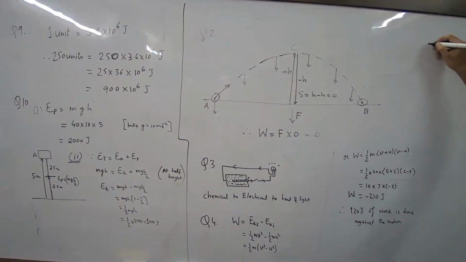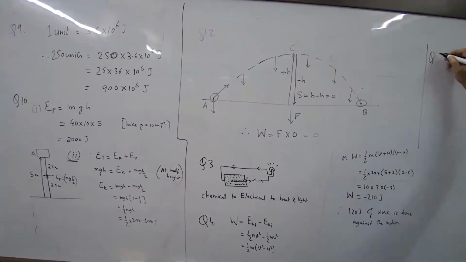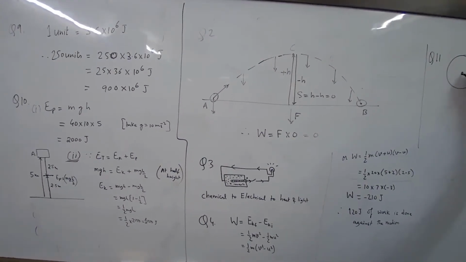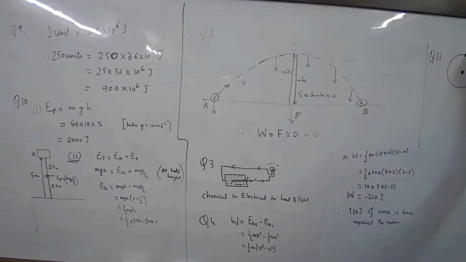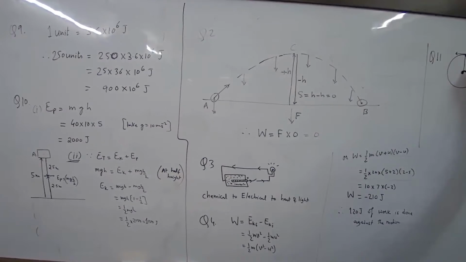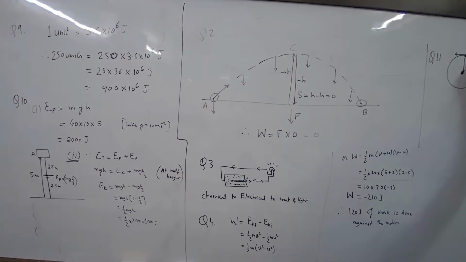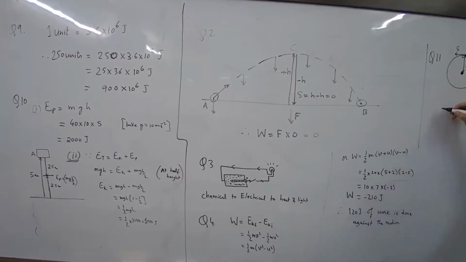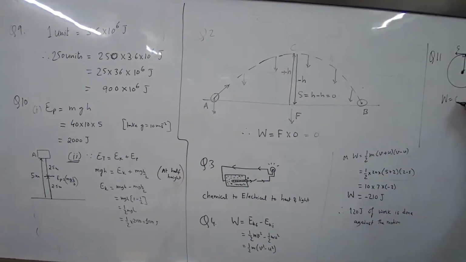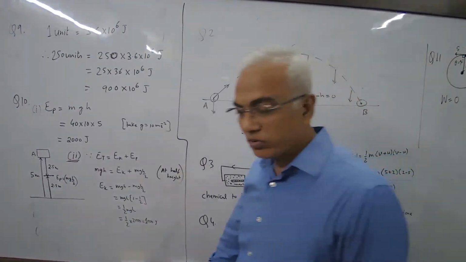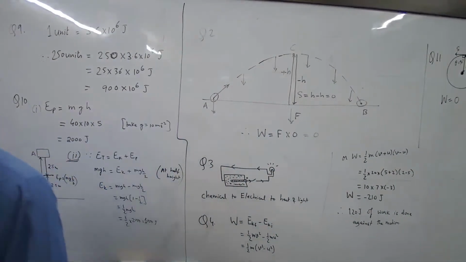Question 11 is like this. So this is a satellite. Displacement is always perpendicular to the force due to gravity. So the work done at any point is 0. So W is 0. Theta is equal to 90. Force and displacement are at 90 degrees.